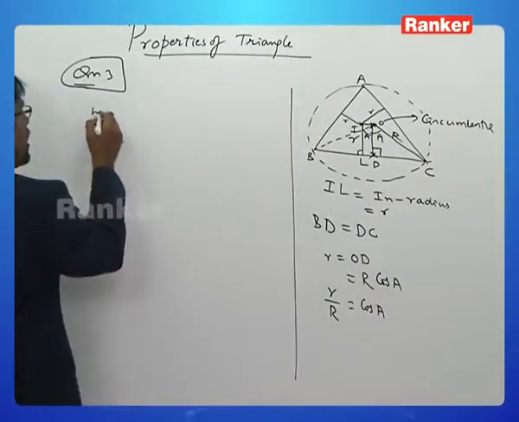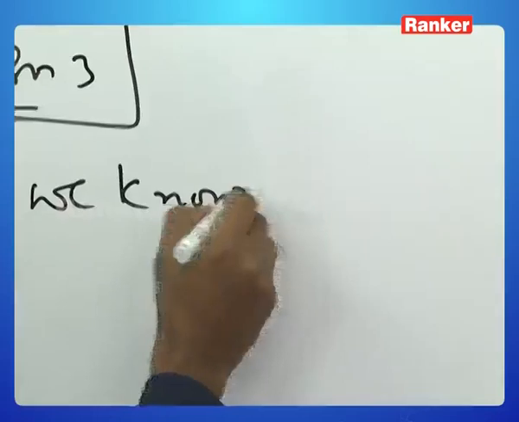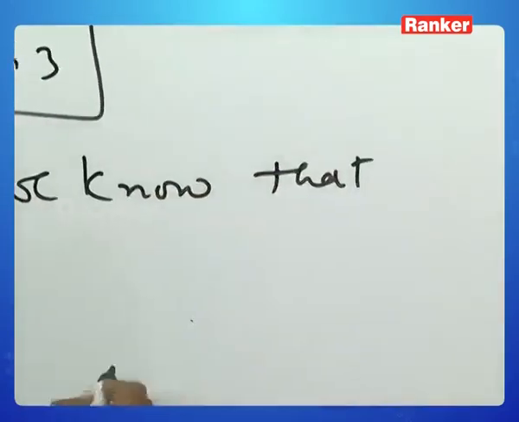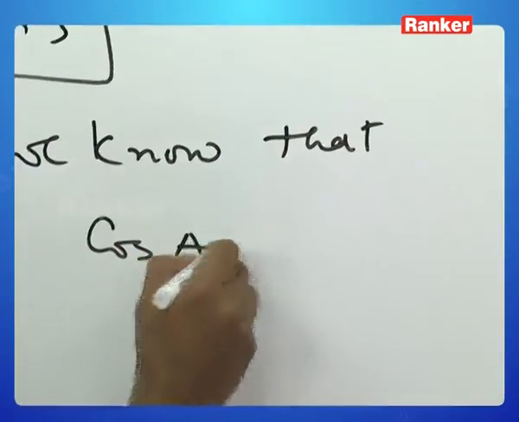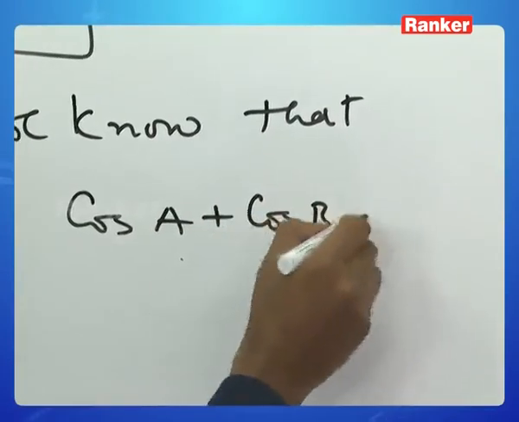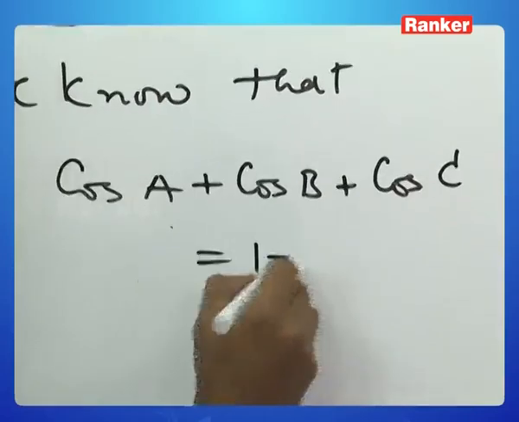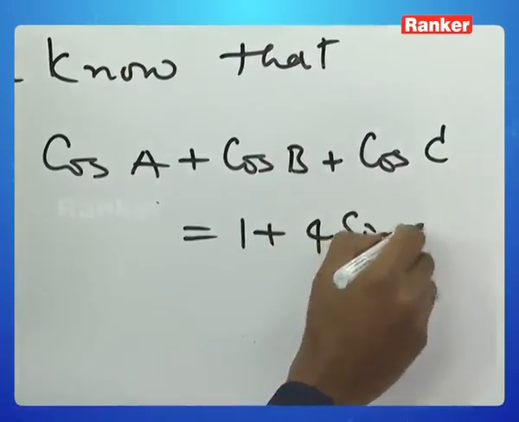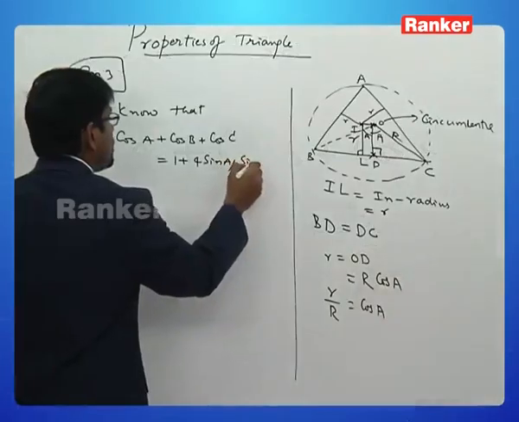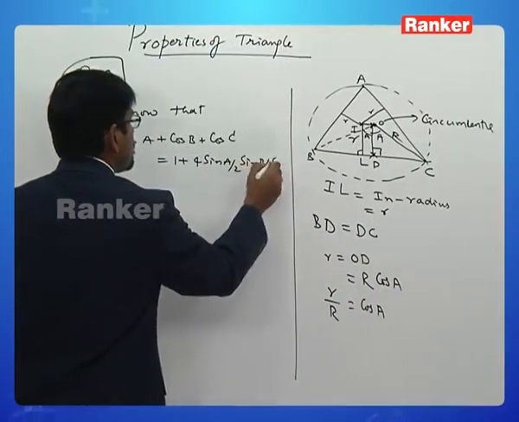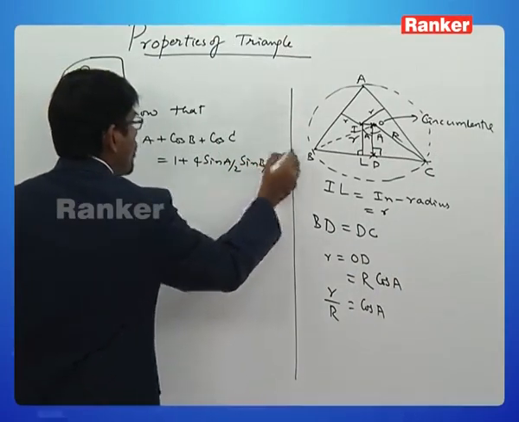We know one result. We know that cos A plus cos B plus cos C is equal to 1 plus 4 sin A by 2 sin B by 2 sin C by 2, from transformations.